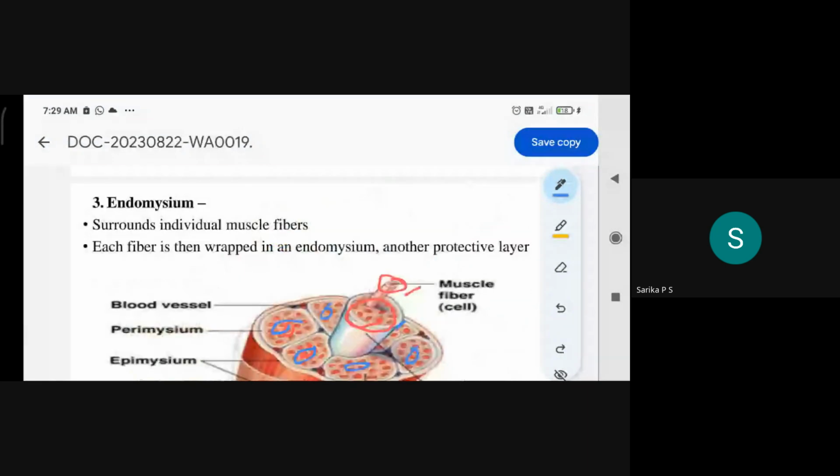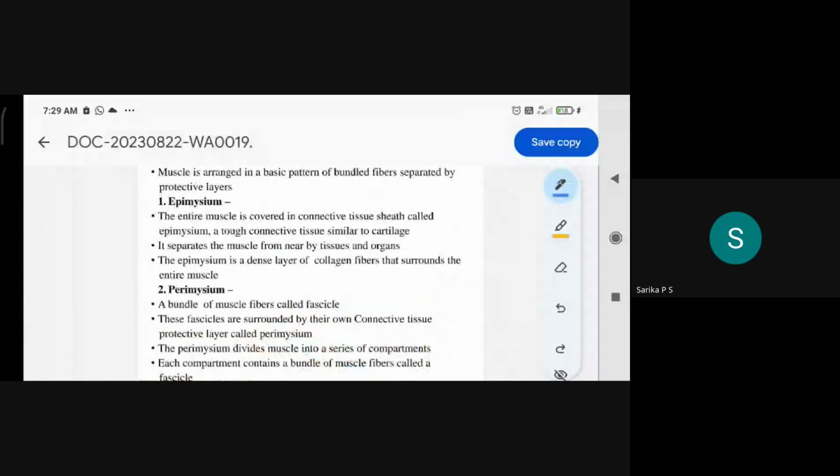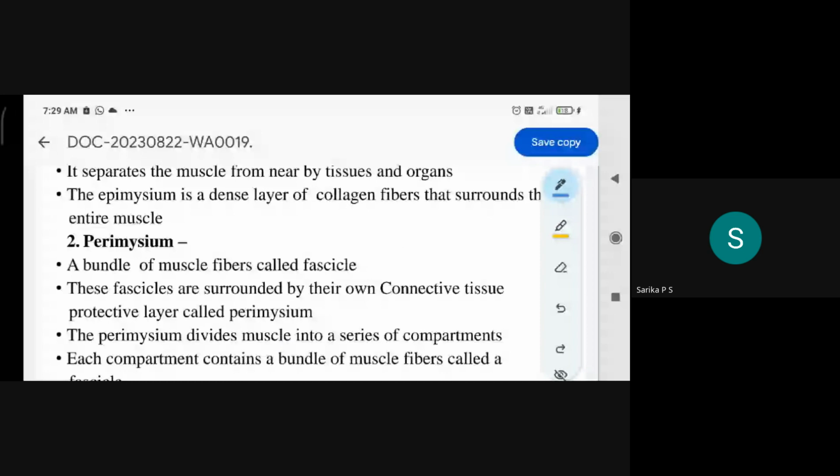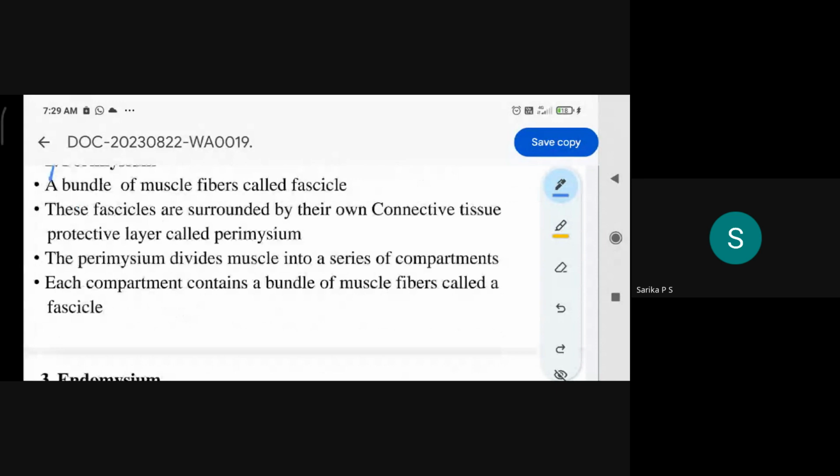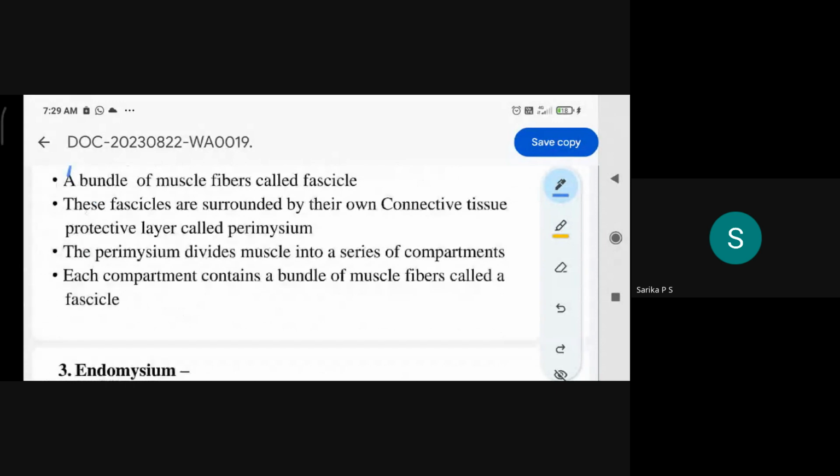A bundle of muscle fibers is called a fascicle. These fascicles are surrounded by their own connective protective layer called perimysium. The perimysium divides the muscle into a series of compartments, and each compartment contains a bundle of muscle fibers called a fascicle.